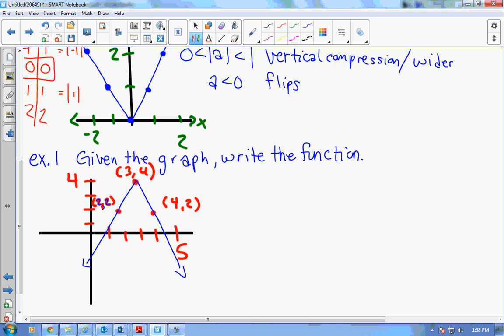Okay. Felipe, what is the vertex? 3, 4. Yep. Okay, someone else. Felipe, choose someone. How are we going to plug this in? Kevin, how do we plug in 3, 4 into our function here?